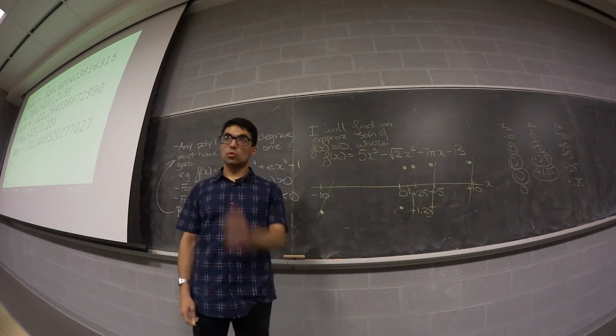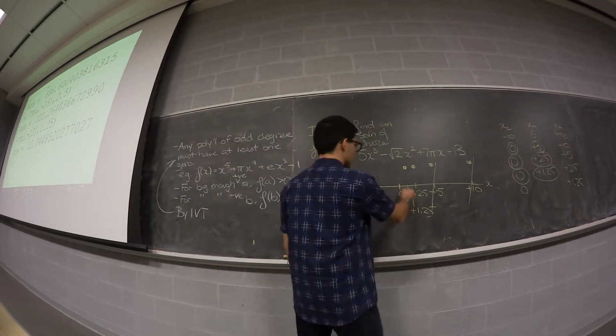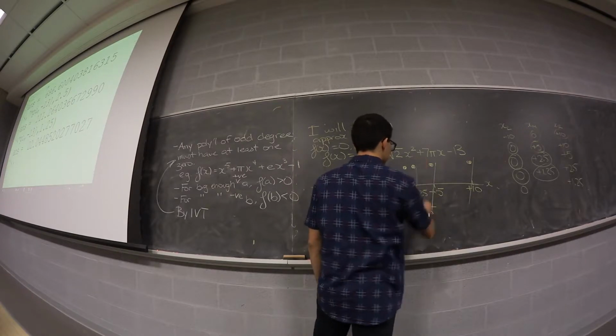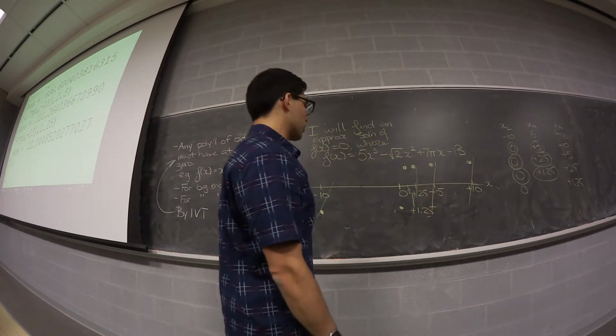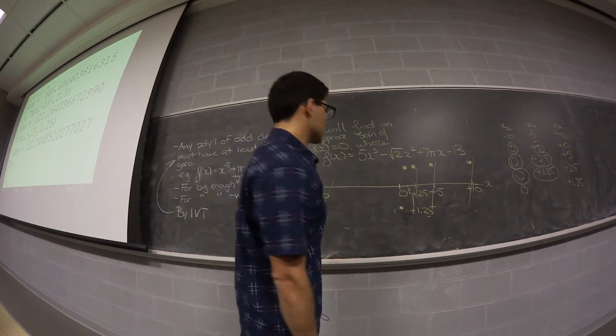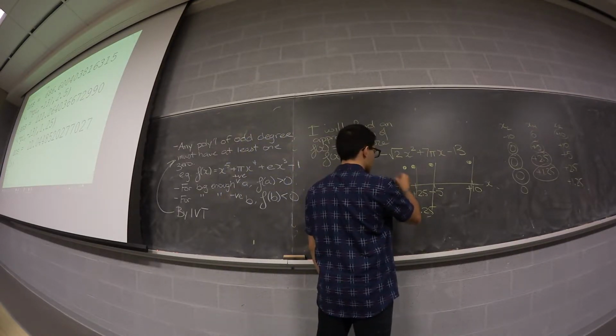I'll do one more because I'm running out of real estate. What is that? 0.625. I bisect.